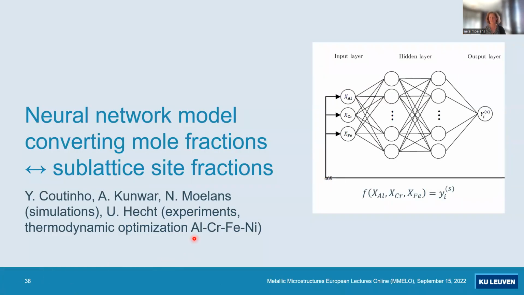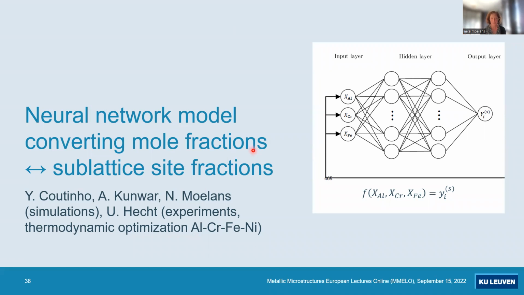But nevertheless, we also wanted to compare this method with what you can do with neural networks. So this was done within the PhD of Yuri Coutinho, actually the previous one also. And he developed two types of neural networks that can also implement a coupling between phase field and Calphad.